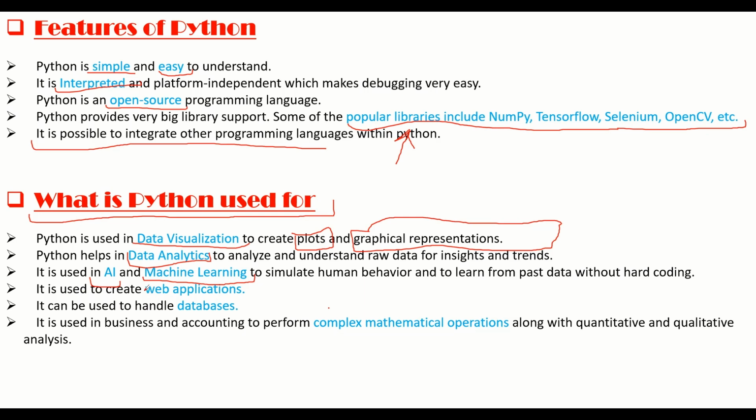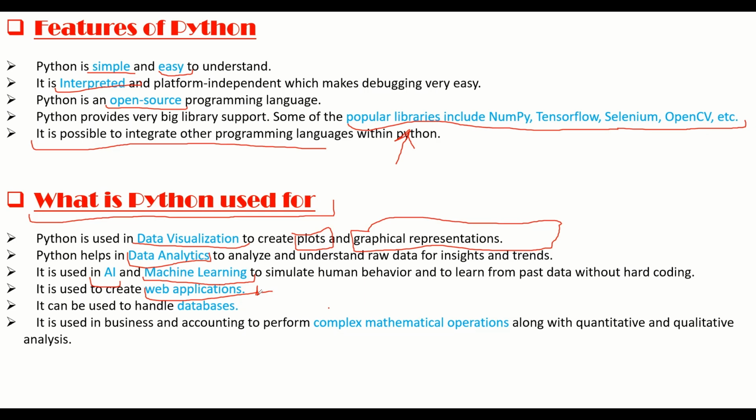It is used to create web applications. So guys, we can make web applications with the use of Python. Python's web frameworks like Django and Flask empower developers to build robust and scalable web applications efficiently.